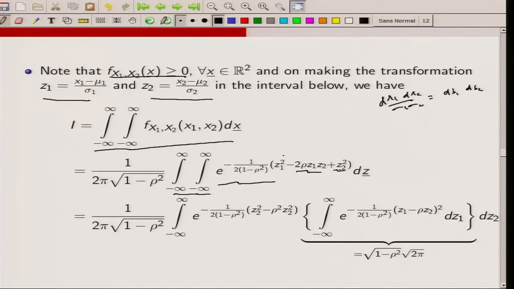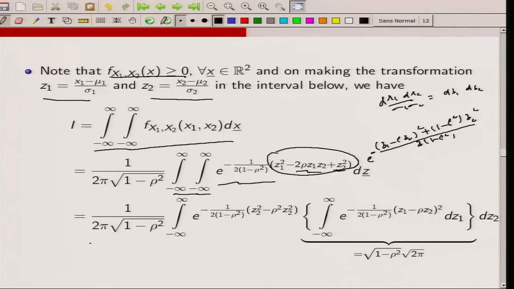Now, I try to make this whole quantity a perfect square. So, this becomes (z1 minus rho z2) whole square. Plus rho square z2 square has come, so I have to subtract that. So, that becomes (1 minus rho square) z2 square. So, that becomes e to the power minus this divided by 2 times (1 minus rho square).